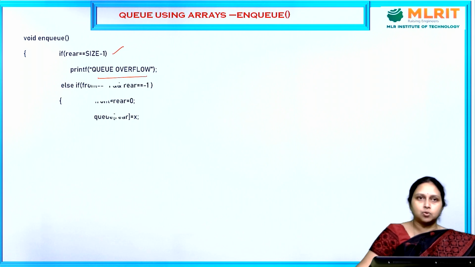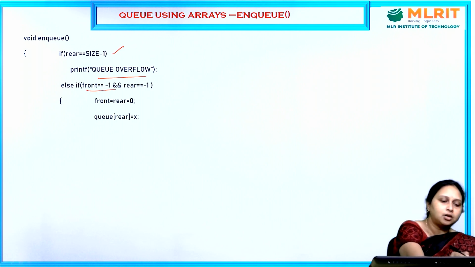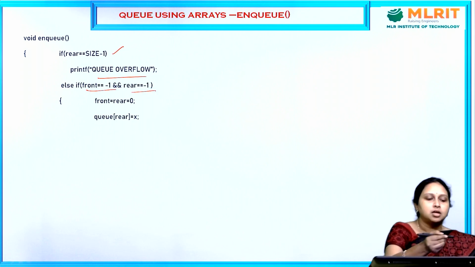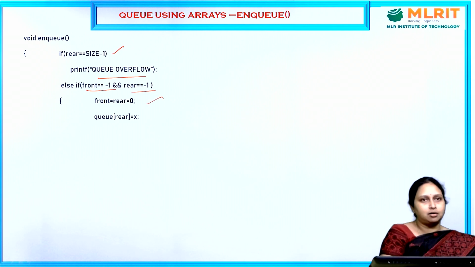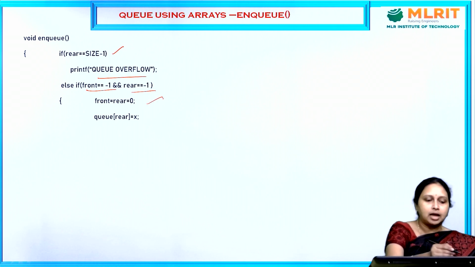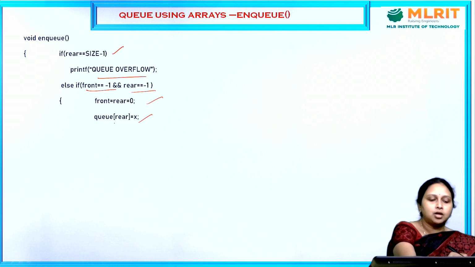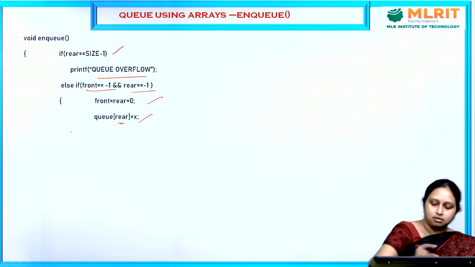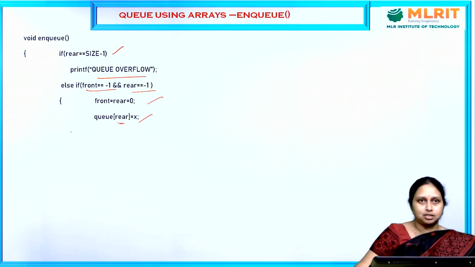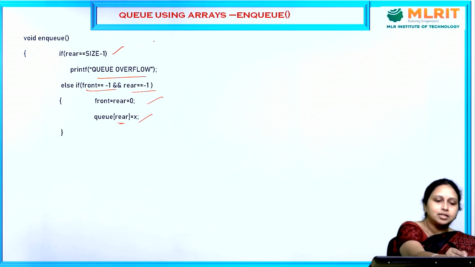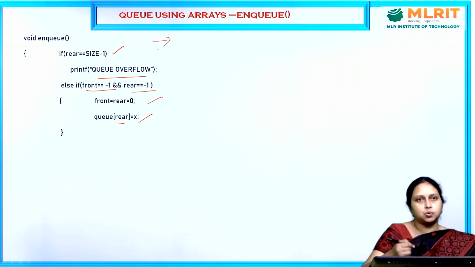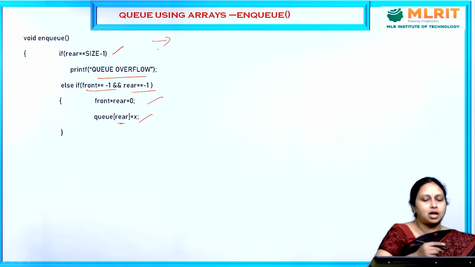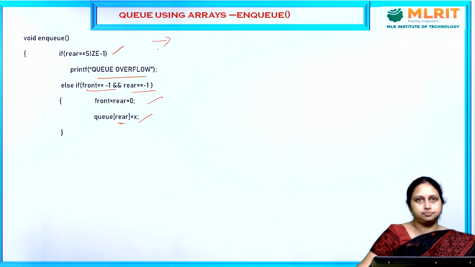Else, if front and rear are pointing to -1, we initialize front and rear to the 0th position, and at the rear we store the value which we want to insert. Before that, you need to read the x value, so that you can insert it at the rear position.